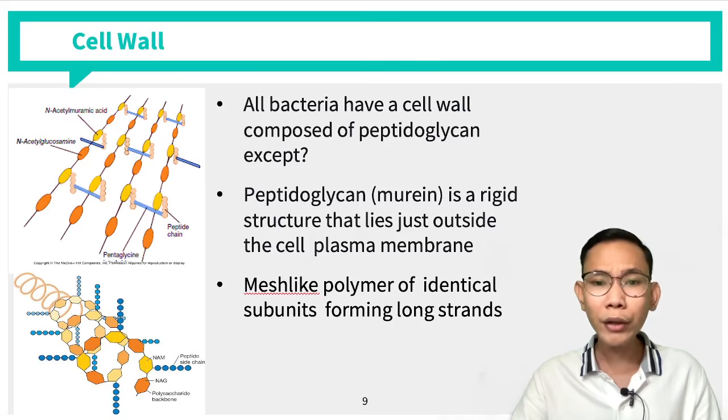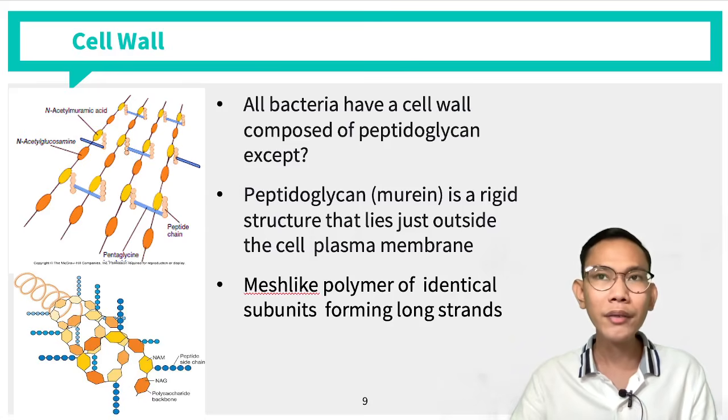Your peptidoglycan or murein is a rigid structure that lies just outside your plasma membrane. It is a mesh-like polymer of identical subunits forming long strands. So again, when you hear the word peptidoglycan, we can say that it is composed of two important substances: peptide and glycan.